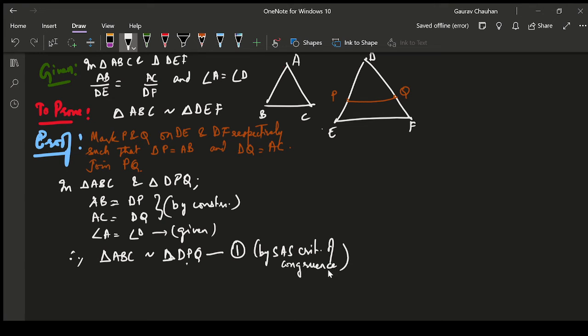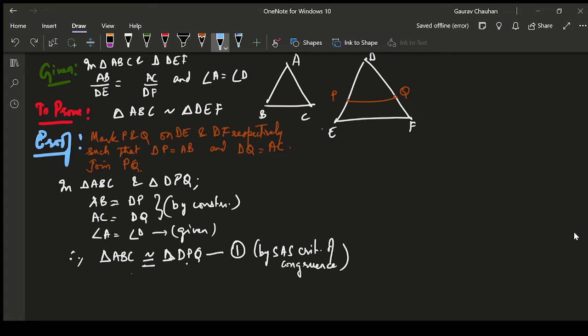All right, just let's be clear of that. We are using the congruence symbol, not the correspondence symbol, not the similarity symbol. Okay, so congruence symbol here. So triangle ABC is congruent to triangle DPQ, right? Let's continue. All right.